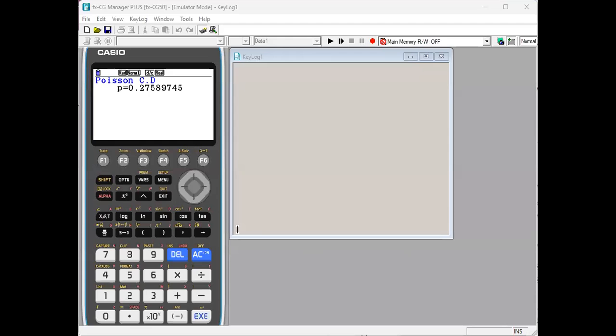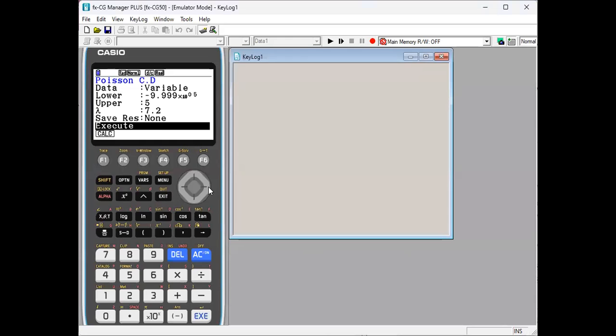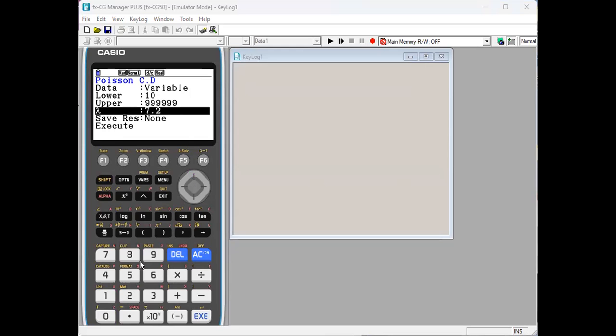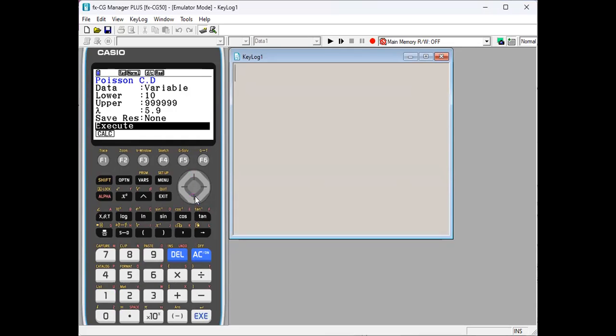So I will use my calculator. This gives me the Poisson distribution here. Lower is 10, upper, Poisson distribution, and the parameter is 5.9. Execute, and this is 0.0772.